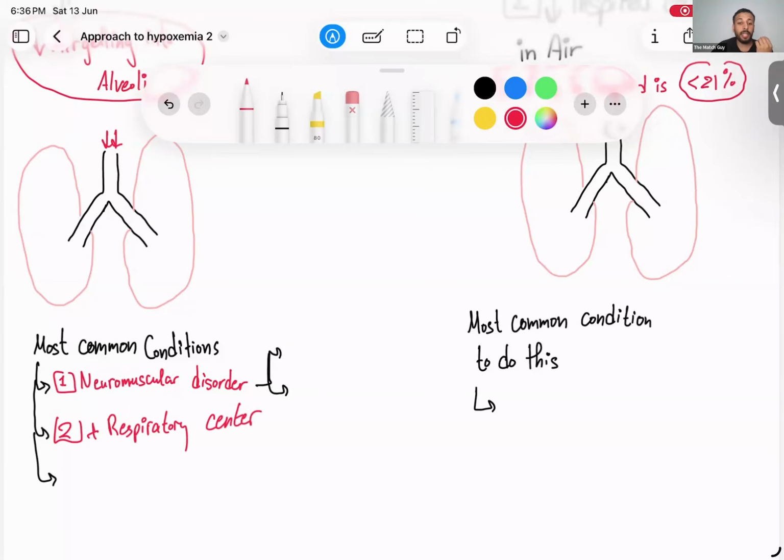When there is an inhibited respiratory center, there is less respiratory effort, so less ventilation and less air getting in. So anything that leads to inhibition of the respiratory center, and the most common thing is CNS depressants like opioids.